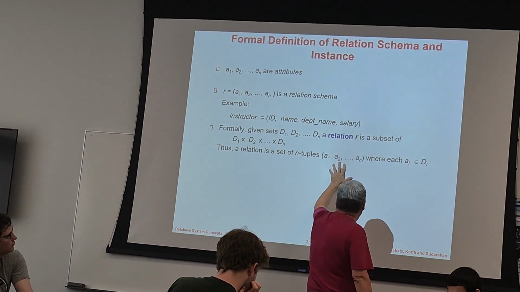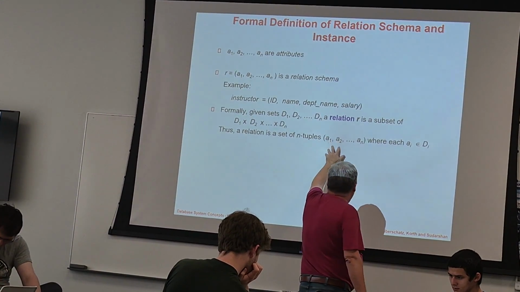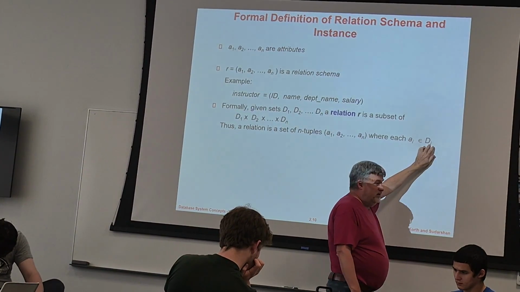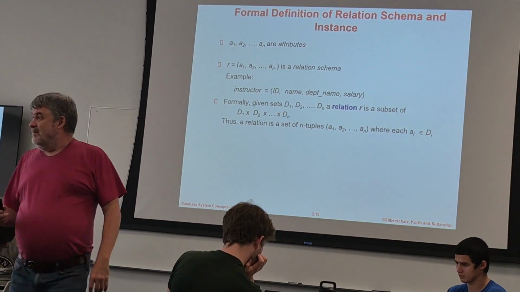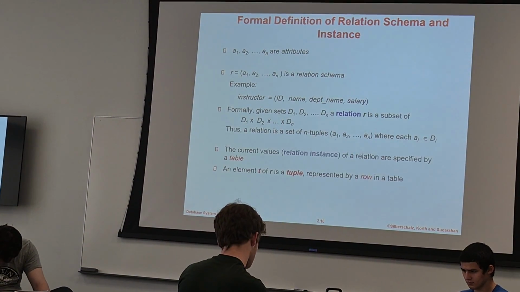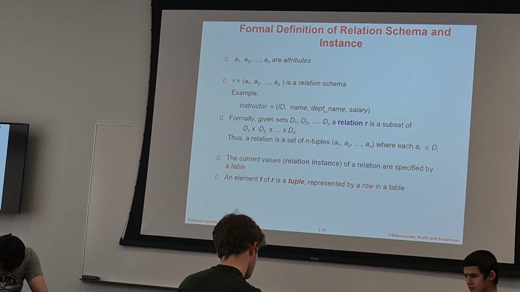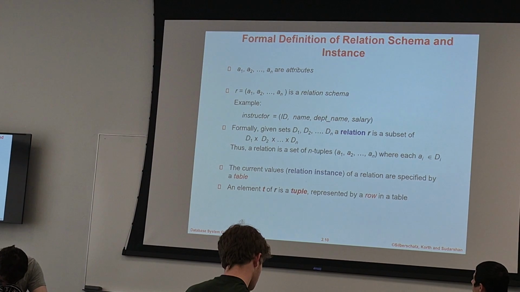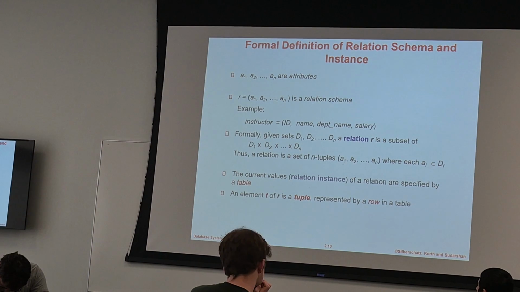So any given table is just a set of tuples with n columns in them, where each value, and this is not column names now, these are the actual values inside those columns, is a valid value from the domain of whatever data type is being stored in that column. The current data stored inside a table is called a relation instance, a snapshot of the current values inside of the table.